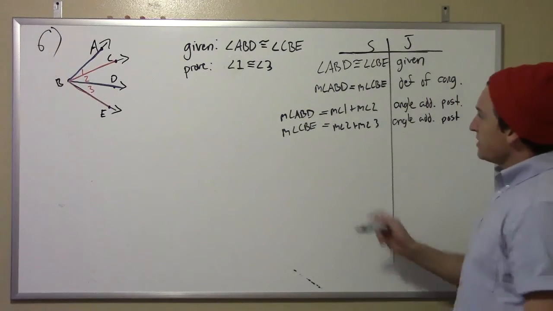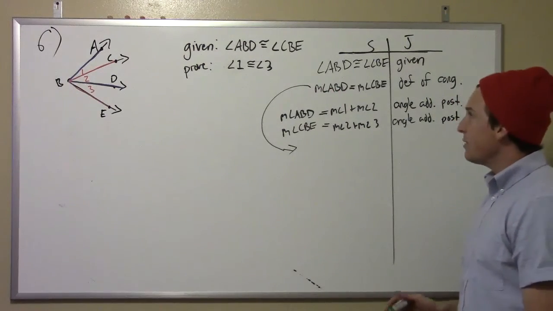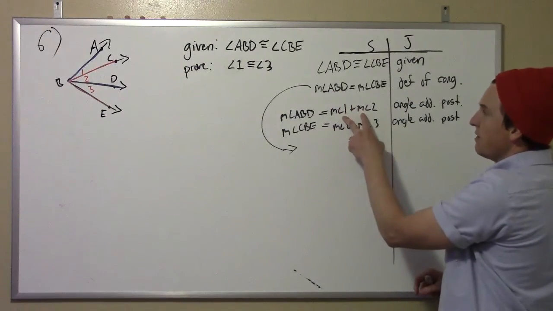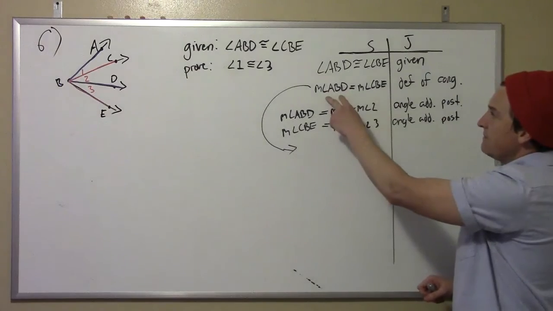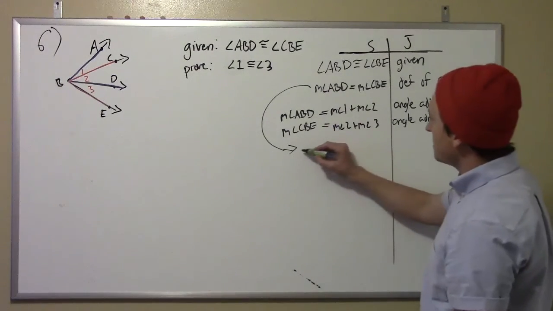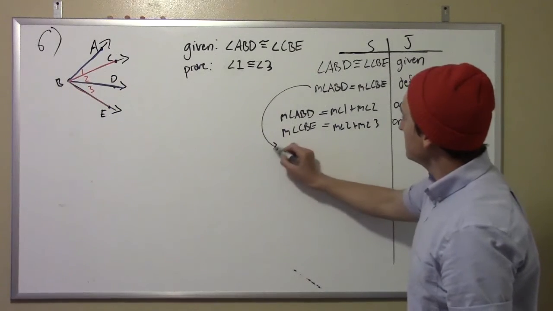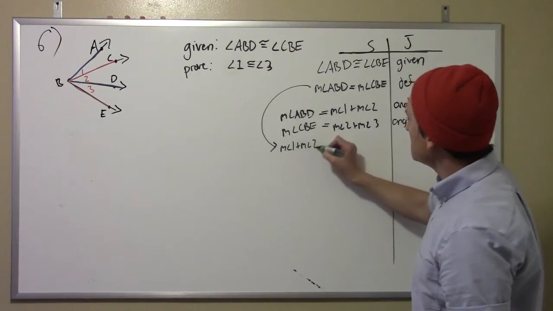Okay, so now what we're going to do is take this statement and rewrite it, but we're going to replace this with what it's equal to, and we're going to replace this with what it's equal to. All right, so measure of ABD is going to get replaced with, I'm going to need a little bit more room here, measure of angle 1 plus the measure of angle 2.